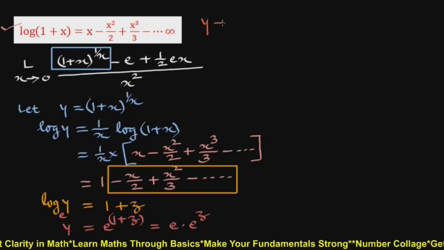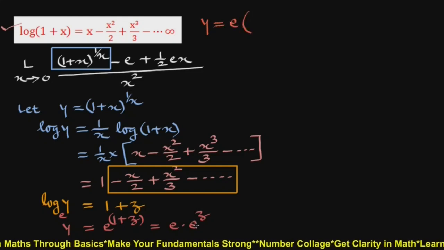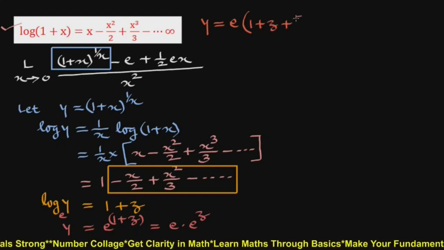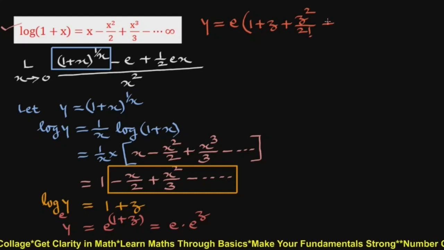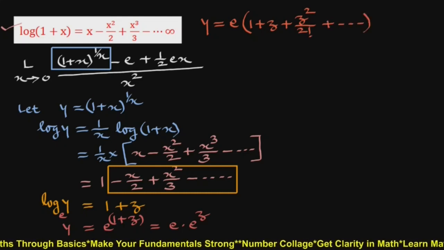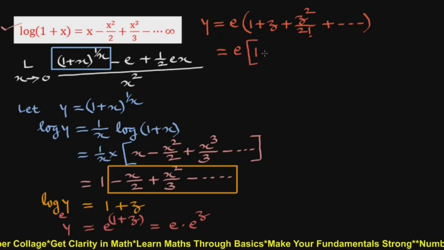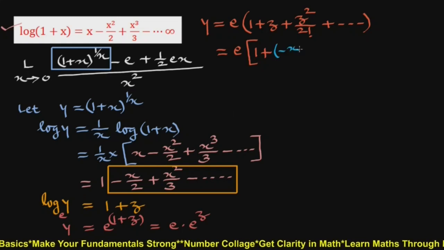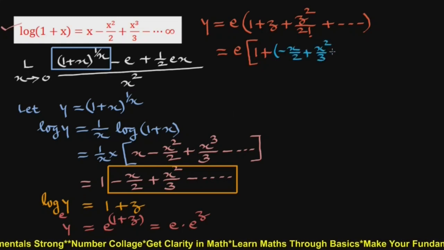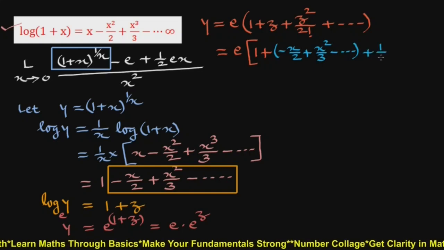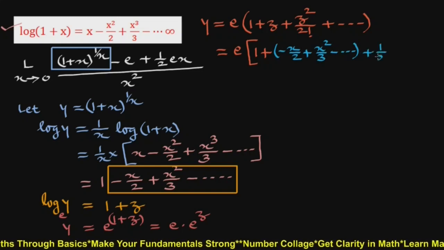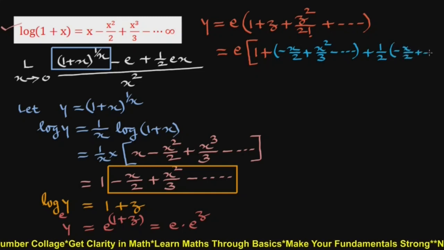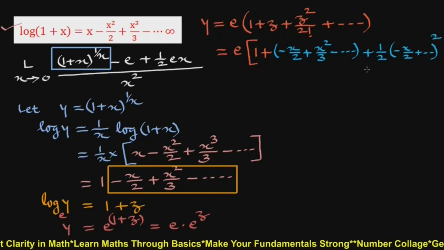So y equals e into the expansion of e raised to z, which is 1 plus z plus z square upon 2 factorial plus so on and so forth. That will be e into 1 plus, where z equals minus x upon 2 plus x square upon 3 minus so on and so forth, plus 1 upon 2 factorial, that is 1 upon 2 into z, minus x upon 2 plus so on and so forth, whole square, plus so on and so forth.